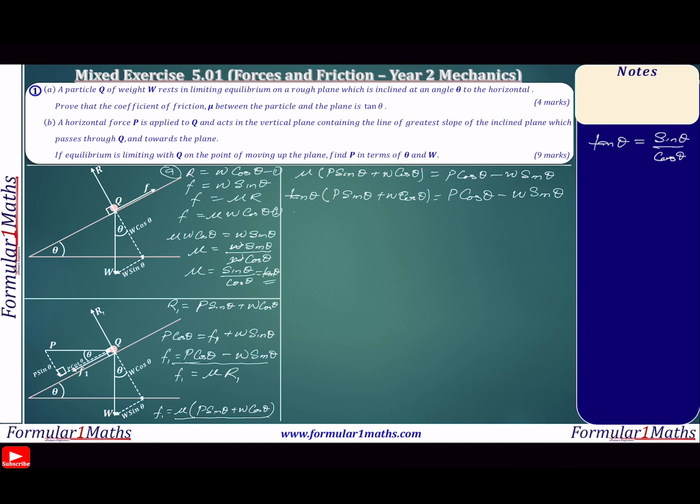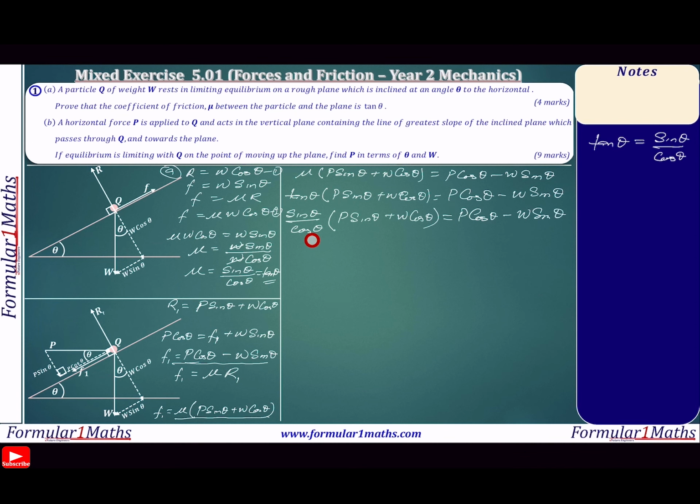So I can replace tan theta with sin theta over cos theta. So I get sin theta over cos theta brackets P sin theta plus W cos theta equals P cos theta minus W sin theta.